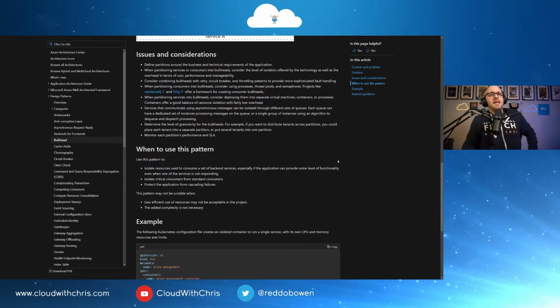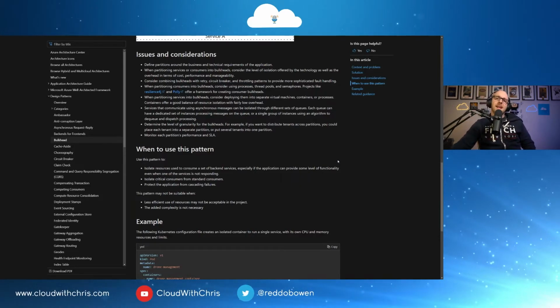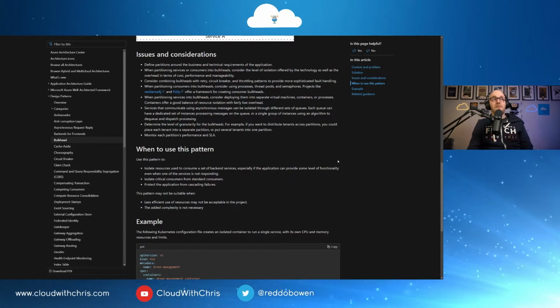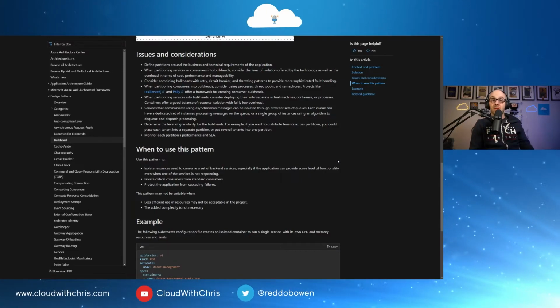Now, if you use asynchronous messaging in your application, you might be thinking, how on earth do I use this bulkhead pattern? Ultimately, if you want to start building in some of that segregation, you could isolate that through different sets of queues. And each queue has a set of backend instances that processes messages from that queue. So we're talking competing consumers at that point, and almost like a pipes and filters kind of combination as well.